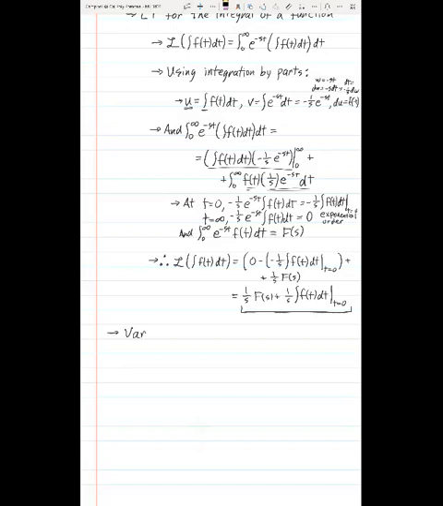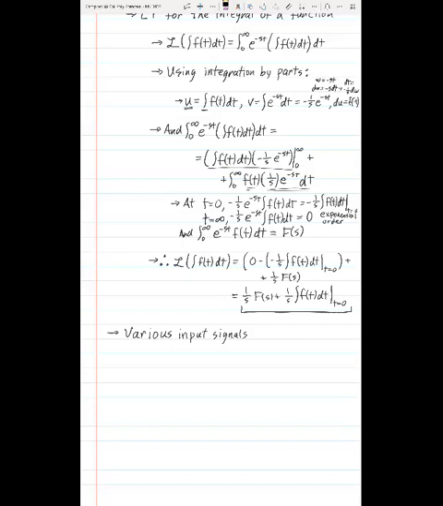Because not only can we transform calculus operations, and this is where things get really mind-blowing and interesting, we can actually also find transformations of known functions. And so what does that mean?